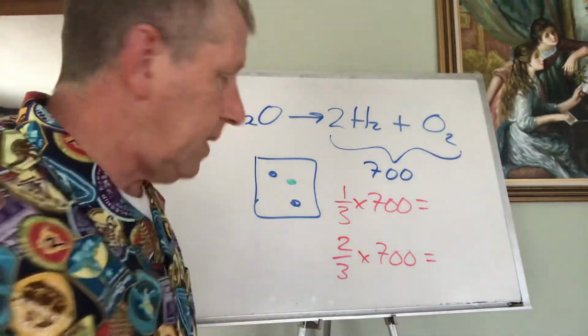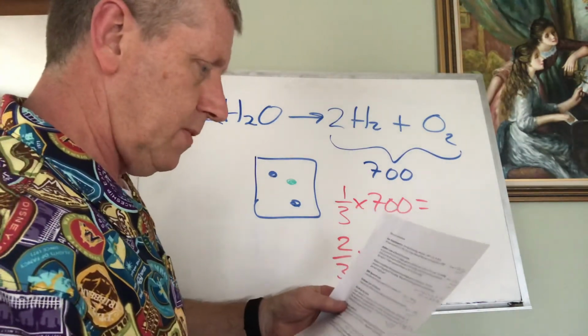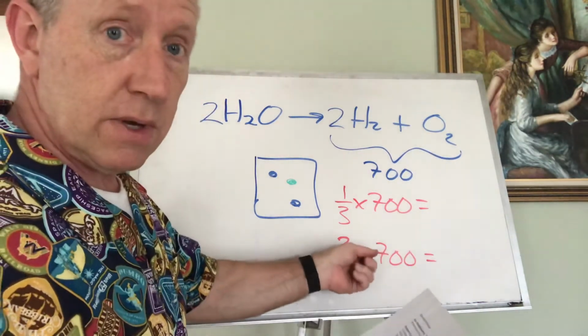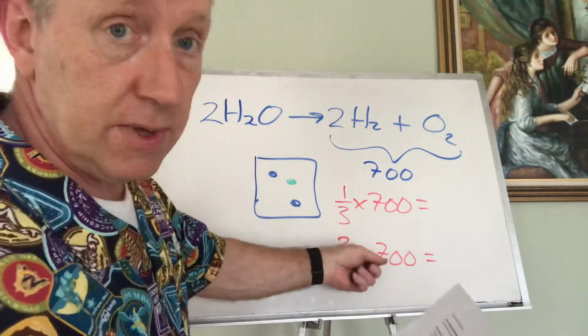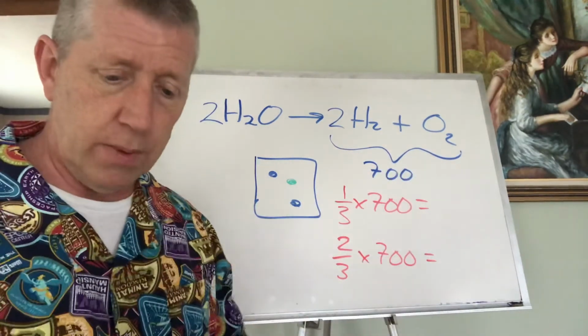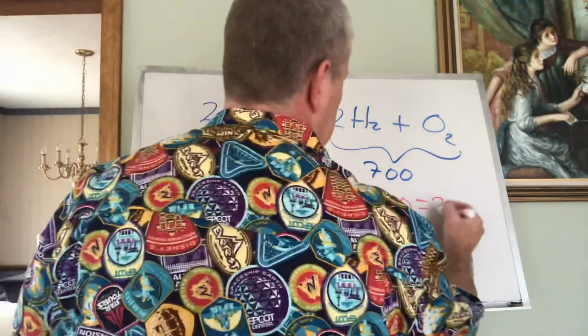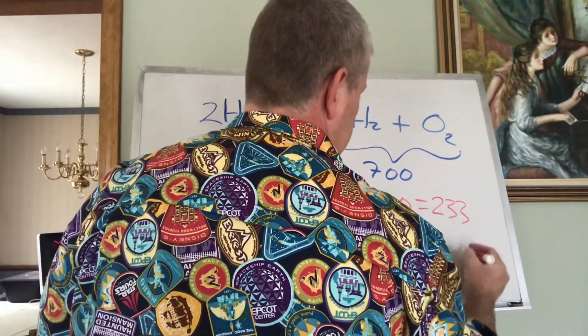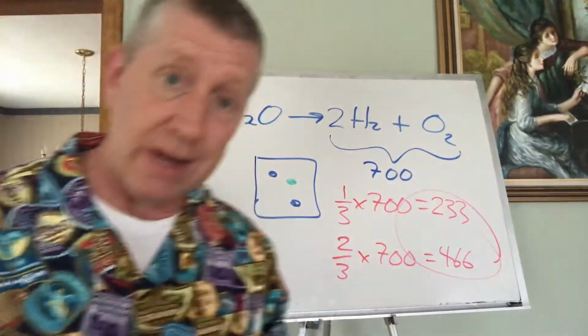And that's going to come out to be 466. And the remainder, so you're going to take 466 and subtract it from 700 to get this one, or just multiply this by 1/3, either way, and you'll come out with 233. So this is 233, 466. Those are the pressures exerted by the individual gases.